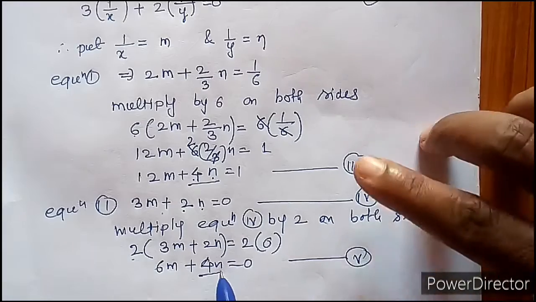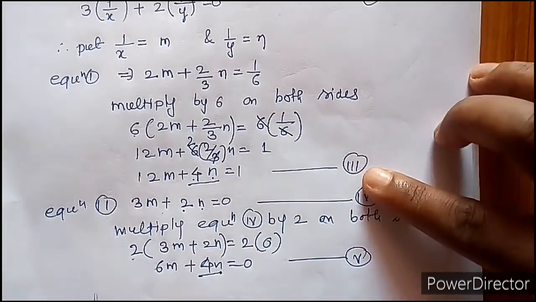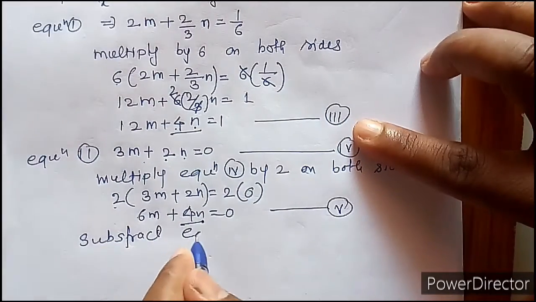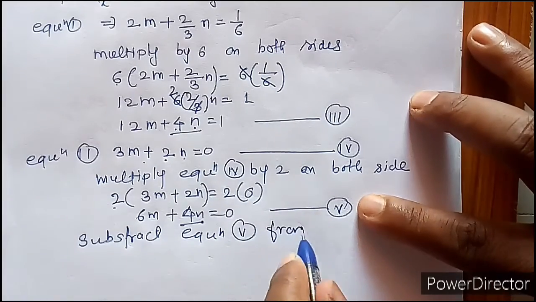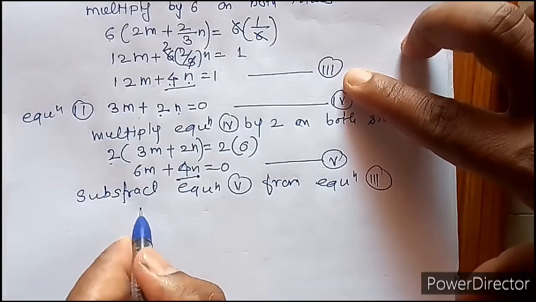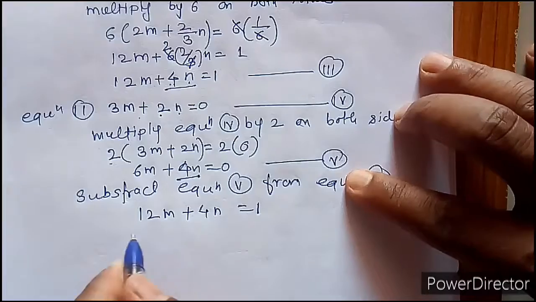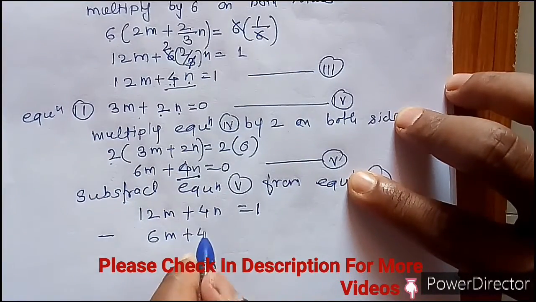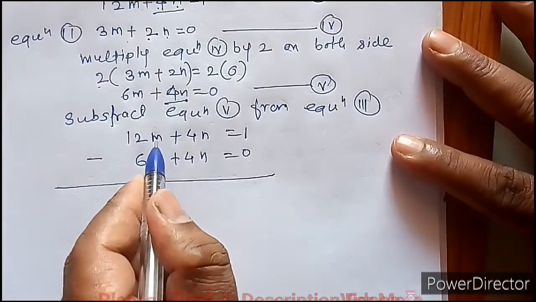Then subtract this equation 5 from equation number 3. Means write down here subtract equation 5 from equation 3. What we get, equation number 3 is 12m plus 4n equals 1 minus this equation, that is 6m plus 4n equals 0.